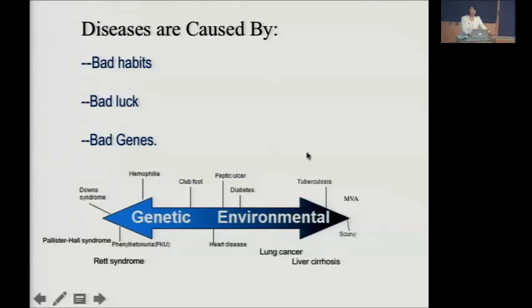People who have the bad luck to be in a motor vehicle accident or to be infected by tuberculosis or infectious diseases are again over here on the environmental end of the disease spectrum. Whereas over here is where I work, basically in genetically determined conditions. And of course there is overlap in the middle with complex traits like ulcer disease, diabetes, and heart disease, which have both genetic as well as environmental components.